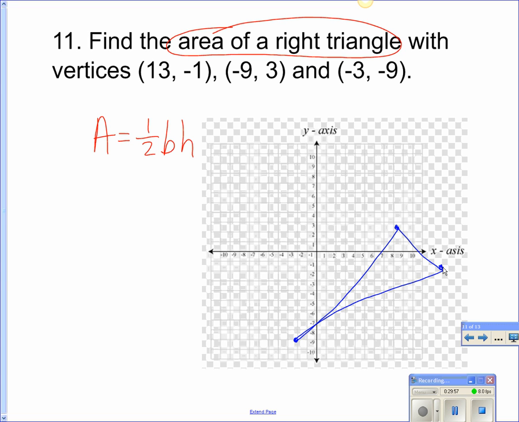You really have to think about it. Which one do you think gets the box? This top one or this one on the right? Which one do you think gets the box? The top one. All right, that one is a right angle. This one's a little smush. So this is my box.